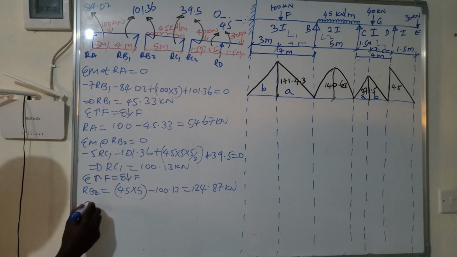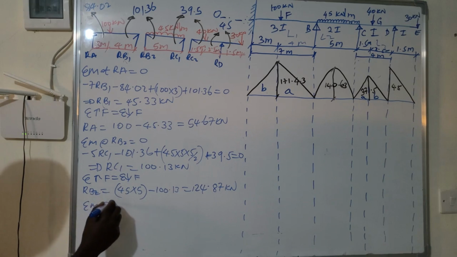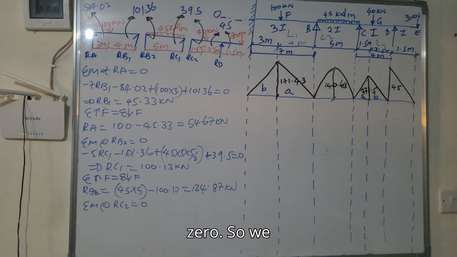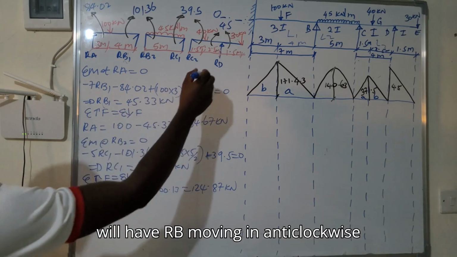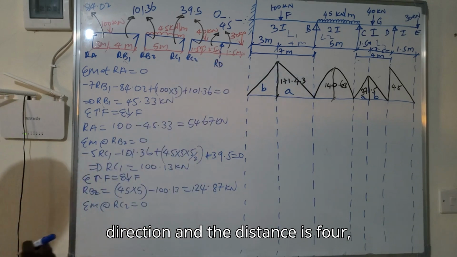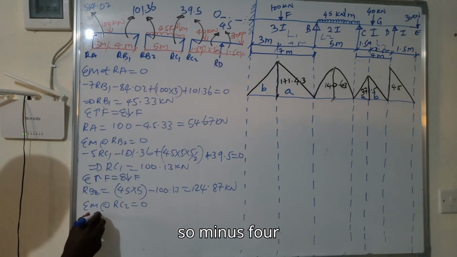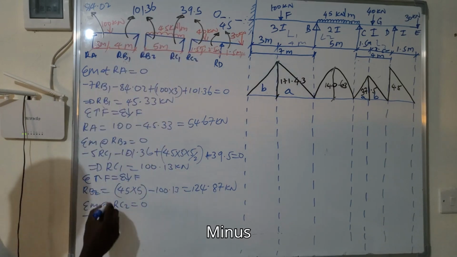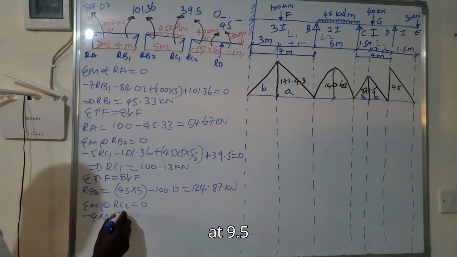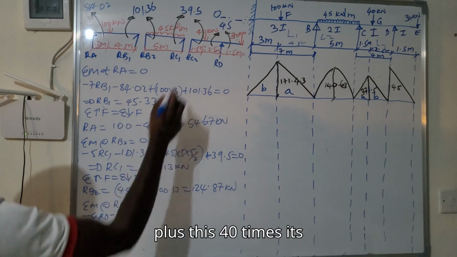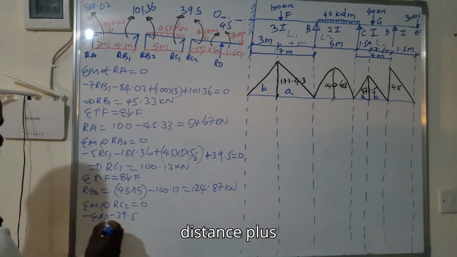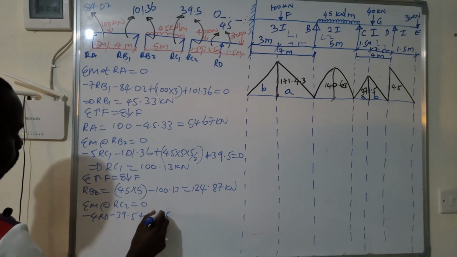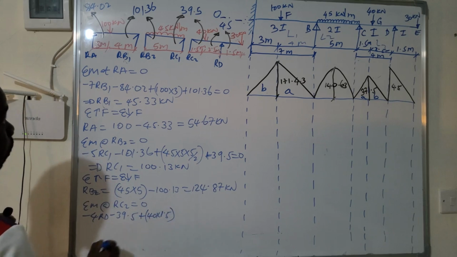So summation of moment at RC2 is equal to 0. So we will have RB moving in anti-clockwise direction, and the distance is 4. So minus 4 RB, minus 39.5, plus this 40 times its distance, plus 40 times 1.5, like that.